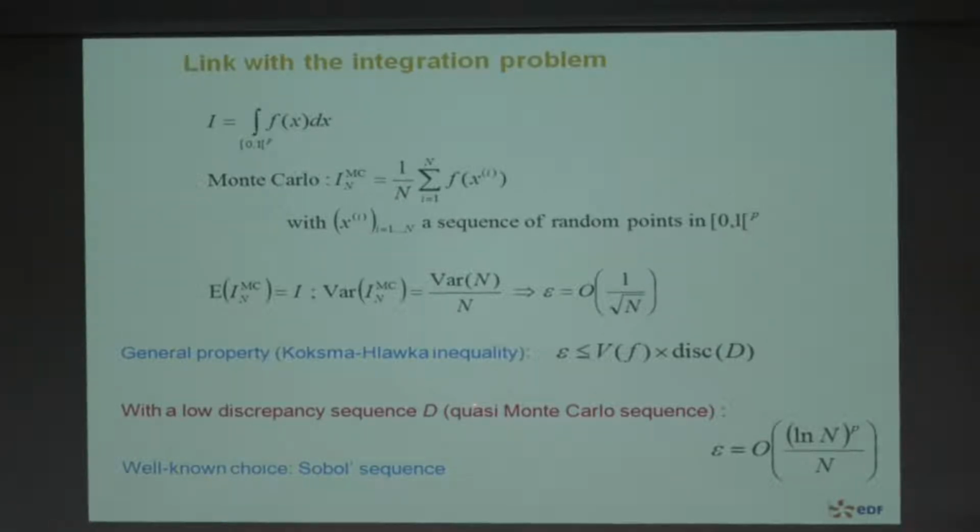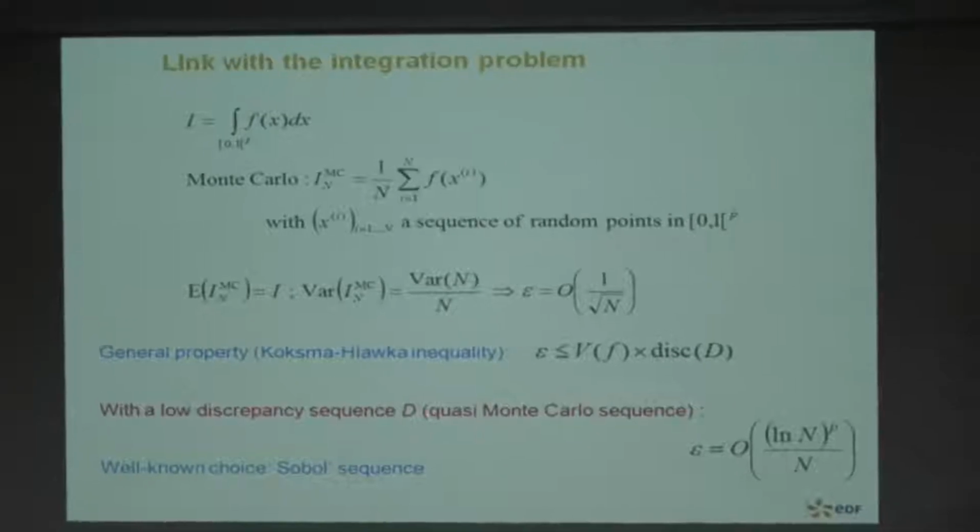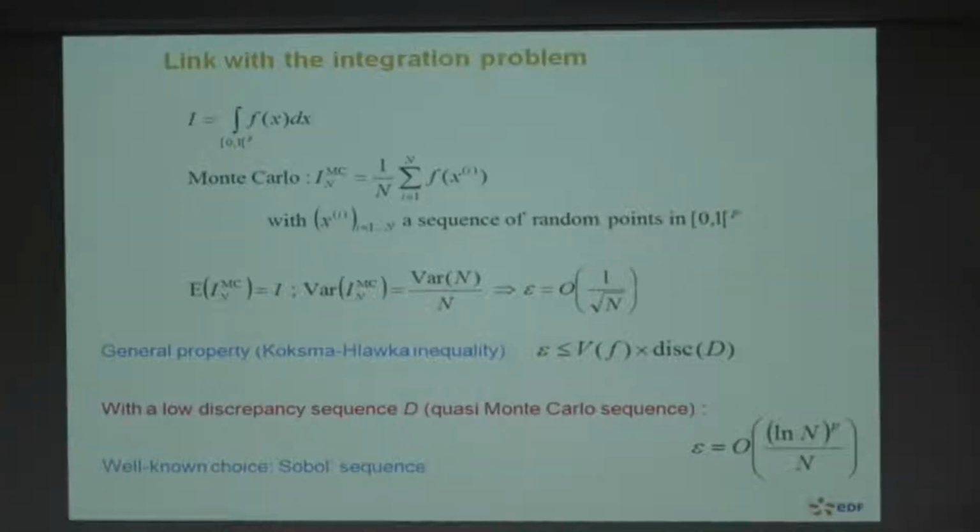So this is called a low discrepancy sequence, when we try to have a very low discrepancy. And this is also famous under the name quasi-Monte Carlo. Maybe some of you know this term, quasi-Monte Carlo. So it's not Monte Carlo, it's quasi-Monte Carlo. And the idea is to have a deterministic sequence. This is not random, this is deterministic in order to minimize the integration error.